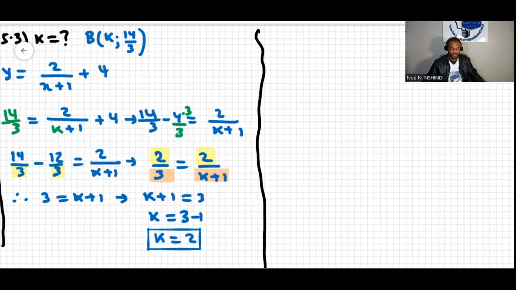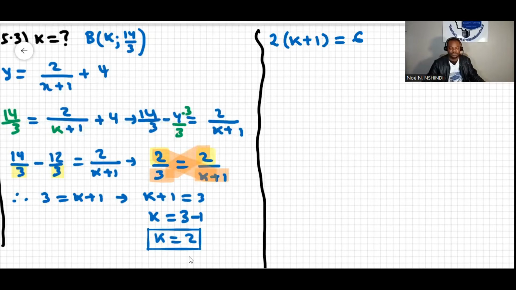Or if you're unsure, you're welcome to cross multiply here. Do the 2 times k, that makes 2 open brackets k plus 1, and then equals 3 times 2, which is equal to 6. Now, because you need the value of k, we can divide both sides by 2.